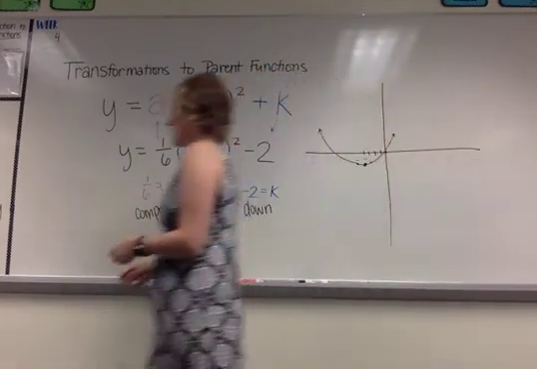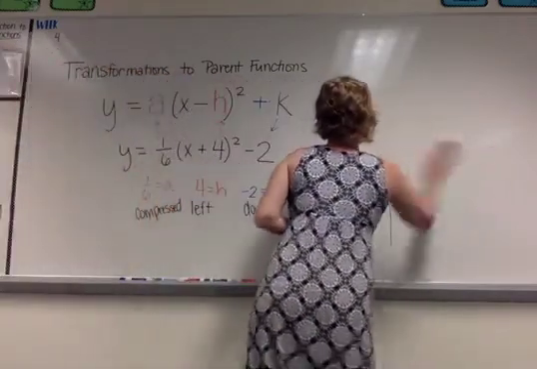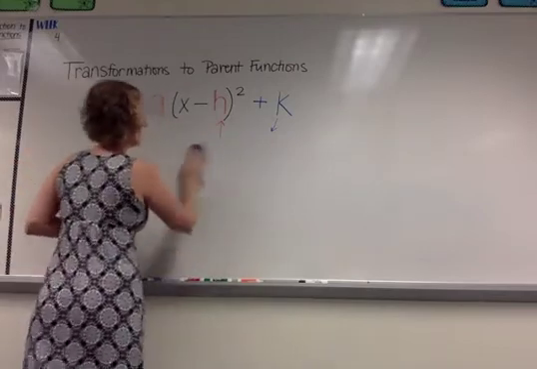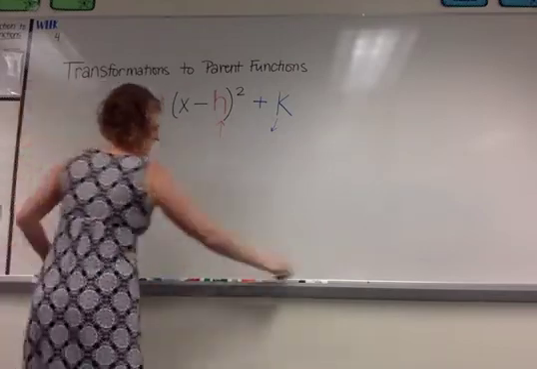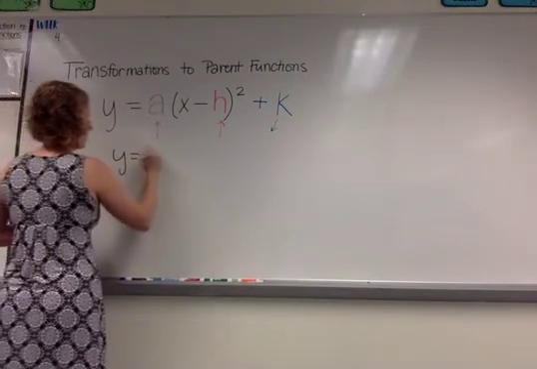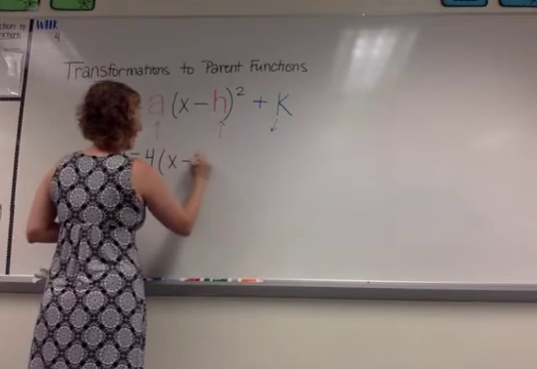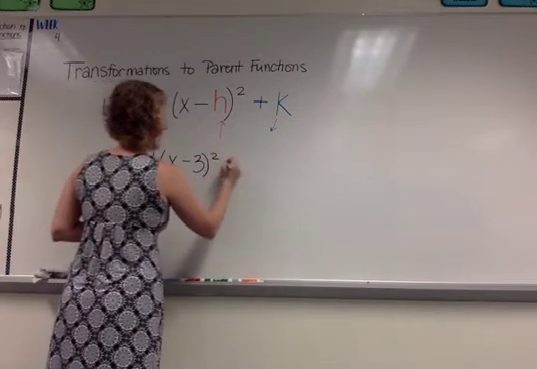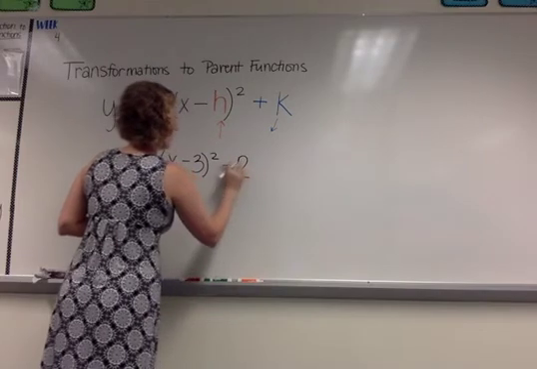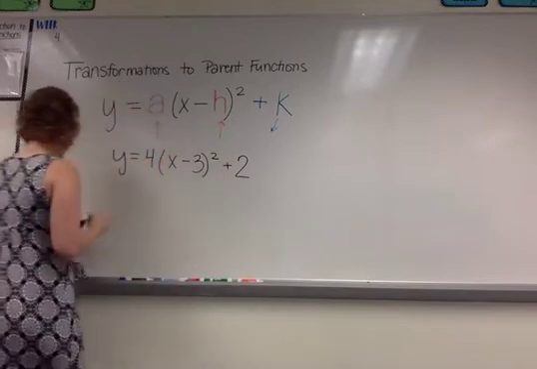Okay, I'm going to do one more example. So again, y equals, let's do 4(x minus 3) squared minus, let's do 2. Oh no, we just did minus 2. Let's do plus 2.